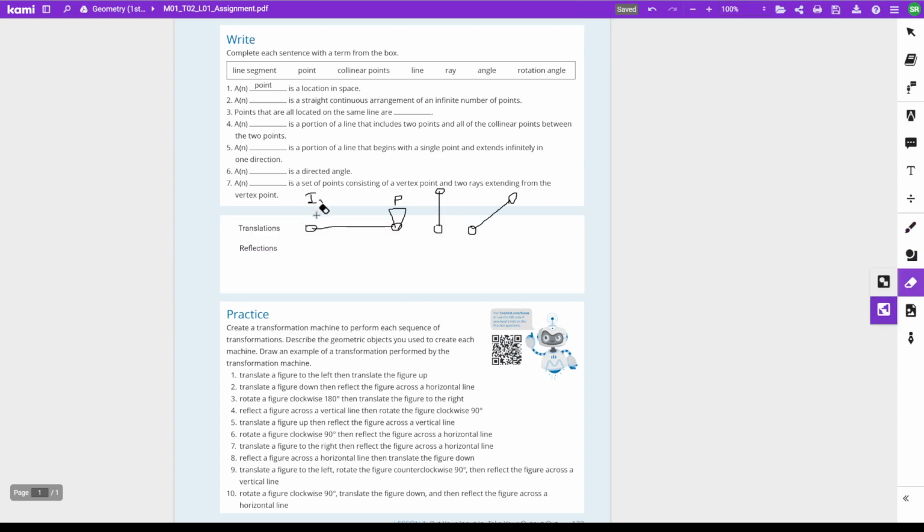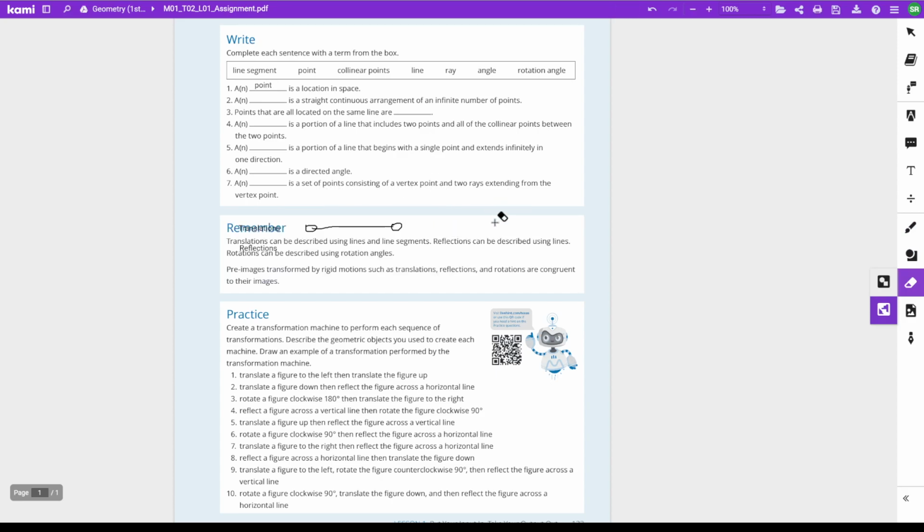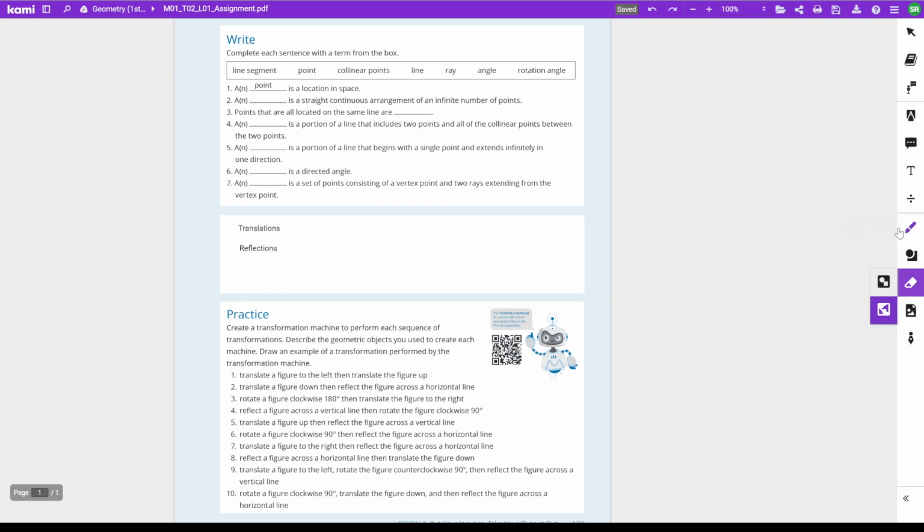Okay, so let me just erase this up here. Oops. Okay, so for reflections, we're going to want to use lines. Okay, and lines differ from line segments because lines have the arrowheads at the end, whereas line segments have endpoints.